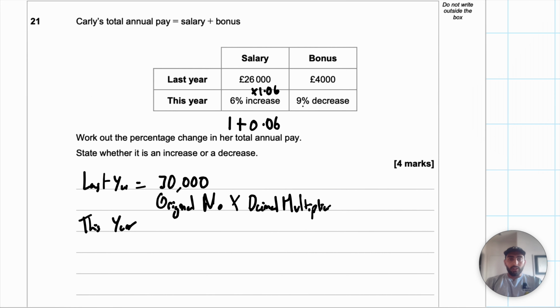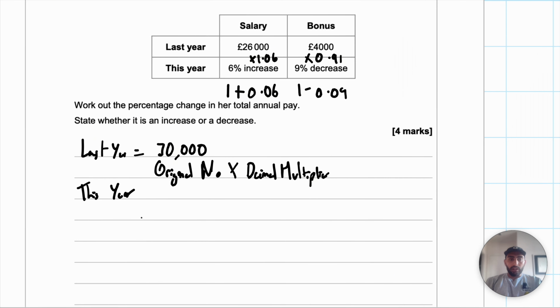For the next one, I've got a 9% decrease. So I'm doing 1 minus because it's a decrease, and 9% as a decimal is 0.09. 1 minus 0.09 is 0.91. So I'd multiply that one by 0.91. So for this year, I'm doing 26,000 multiplied by 1.06, and then I'm adding on 4,000 multiplied by 0.91.